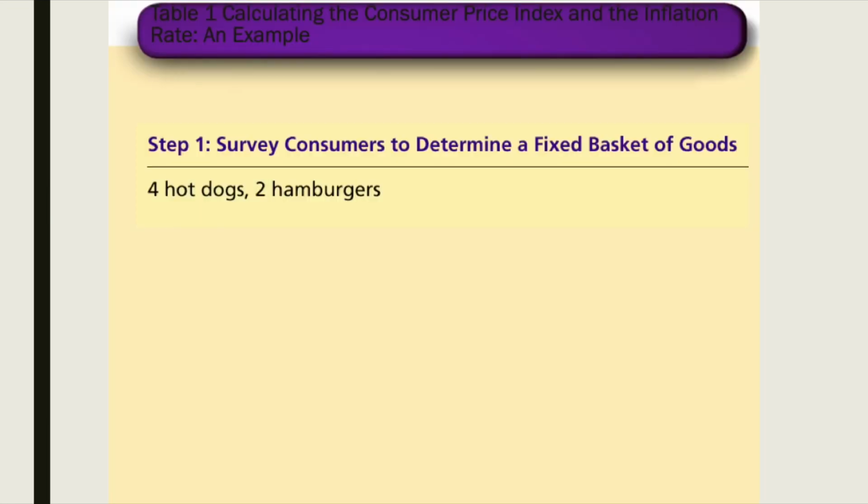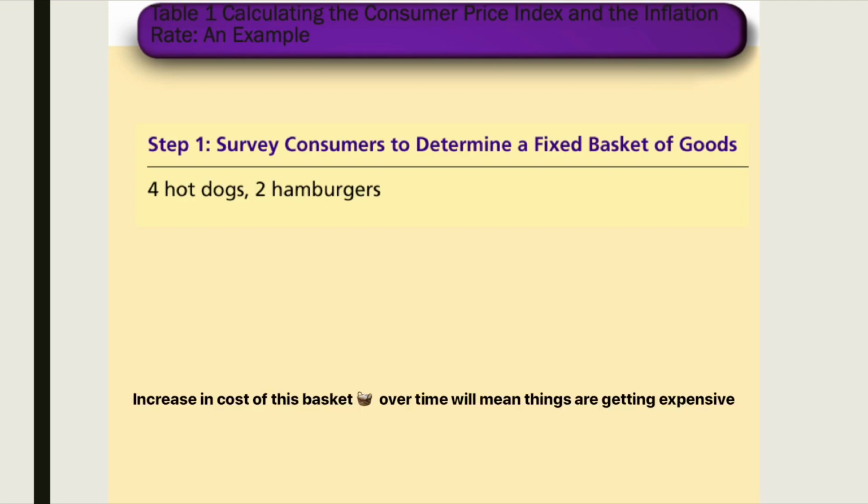Now we'll use an example to understand the 5 steps in more detail. In this particular example, we are assuming that a typical Pakistani, say, consumes 4 hot dogs and 2 hamburgers in a month, or let's say in a year.